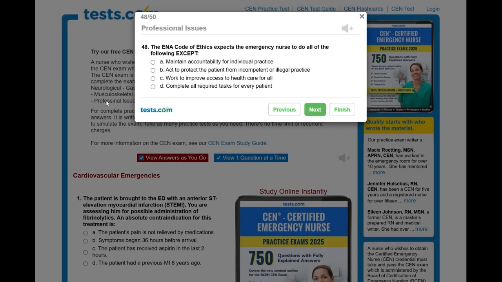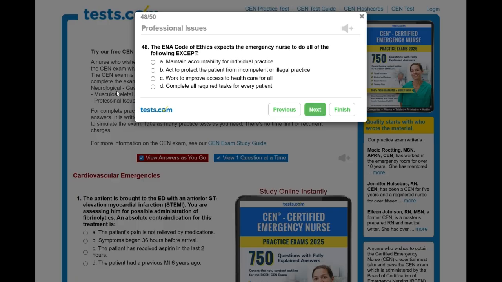Question 48. The ENA Code of Ethics expects the emergency nurse to do all of the following except A. Maintain accountability for individual practice. B. Act to protect the patient from incompetent or illegal practice. C. Work to improve access to health care for all.